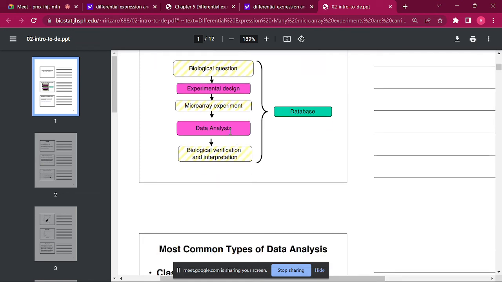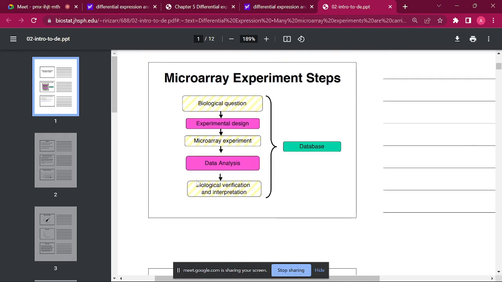And after that, you analyze the data and you get some sort of genes. You will have to biologically verify, interpret, and validate those results in the lab again. Okay. So the things go like this in a loop. First of all, you need to ask a question. Then you need to design an experiment for that question.